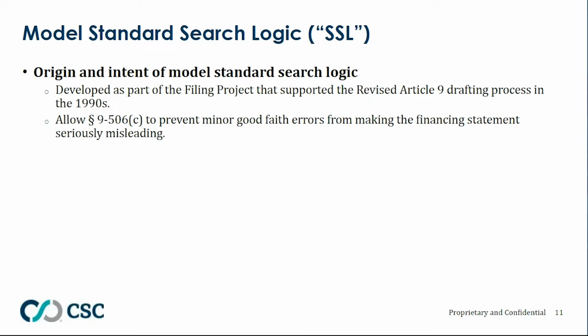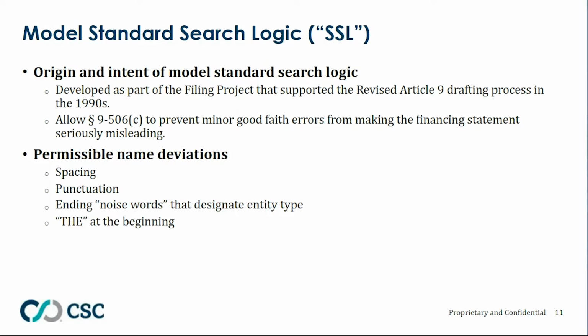Now, the way model standard search logic compensates for minor errors is through a normalization process. And what it does through that process is it disregards minor deviations in spacing, punctuation, and ending noise words, which are words, phrases, and abbreviations that designate the entity type, and it will disregard "the" if it appears at the beginning of the name.